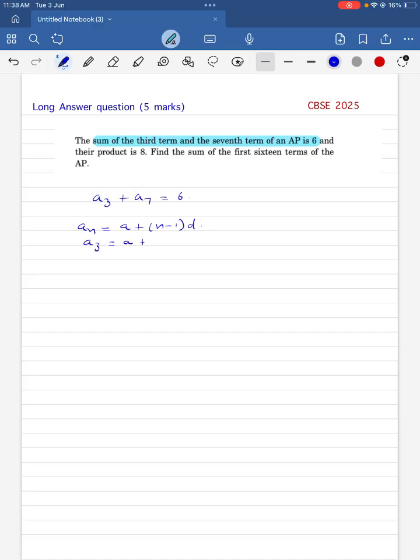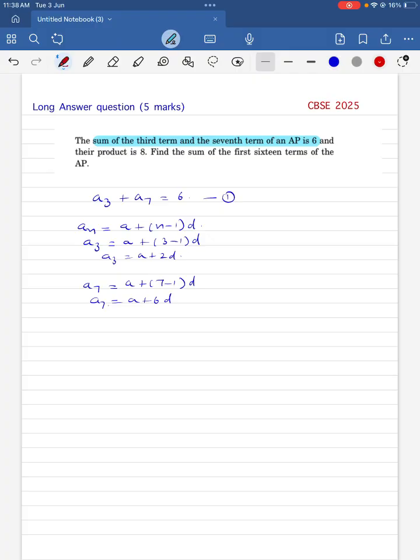A3 would be a plus (3 minus 1) into d, or A3 would be equal to a plus 2d. On the other hand, A7 will be equal to a plus (7 minus 1) into d, which is equal to a plus 6d.